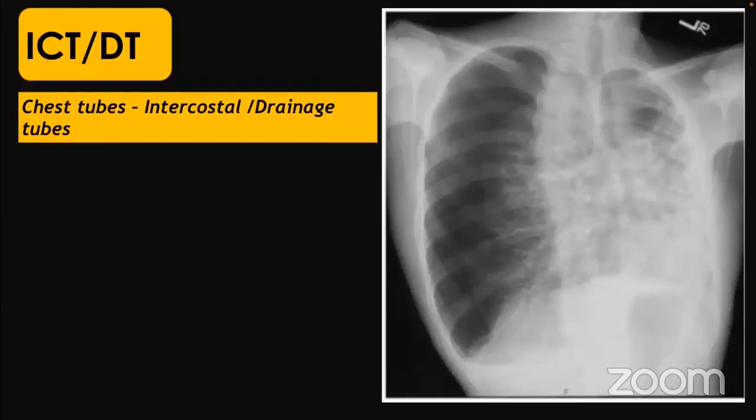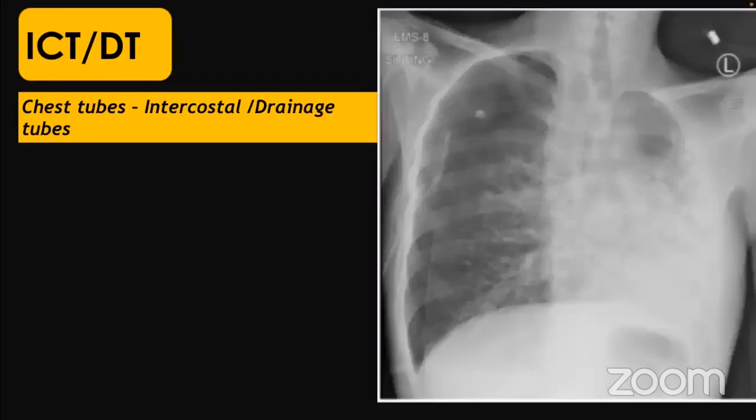The next, in this slice we have a right-sided pneumothorax, which is a tension type because there is displacement of the mediastinum to the left side. And here the chest tube is inserted.